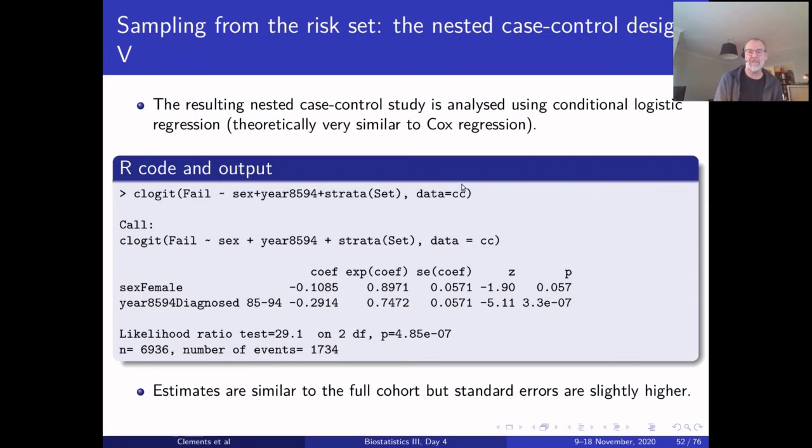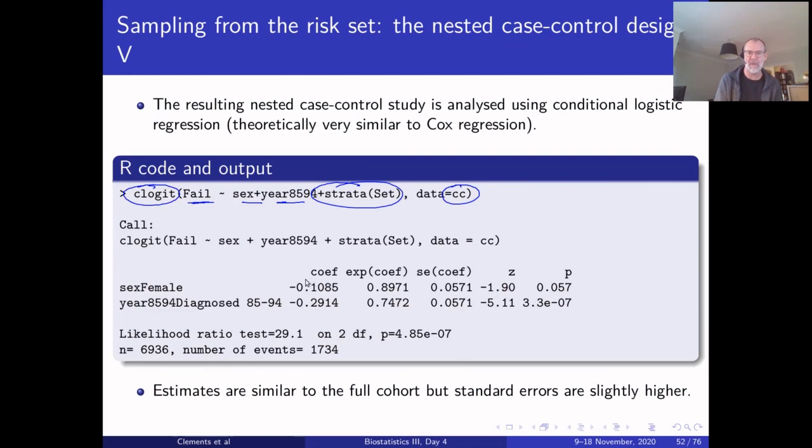Then, given those data, we fit a clogit, which is a conditional logistic regression with failure, adjusting for sex and year, and then stratifying. So this is like a stratified Cox, but stratifying on the matched set. That means the risk sets, in the time of the risk set, are partialed out.